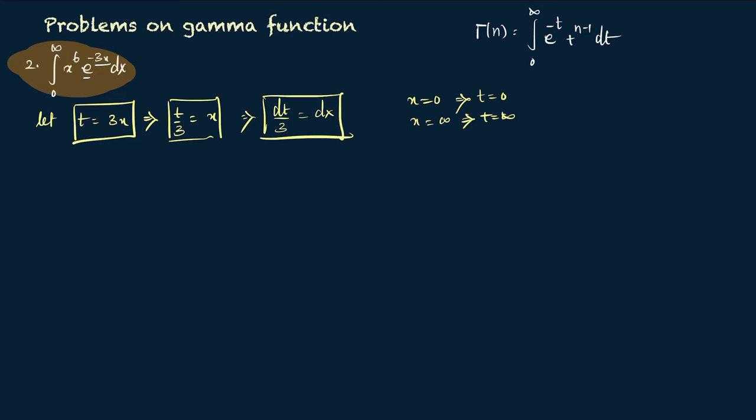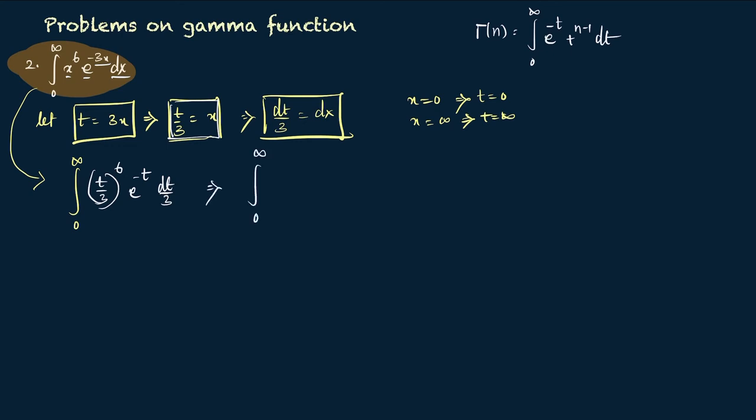So I'm going to write it down here, 0 to infinity. Next, what is x? x is nothing but t by 3, so t by 3 power 6, and e power negative t into dx, which is nothing but dt by 3.